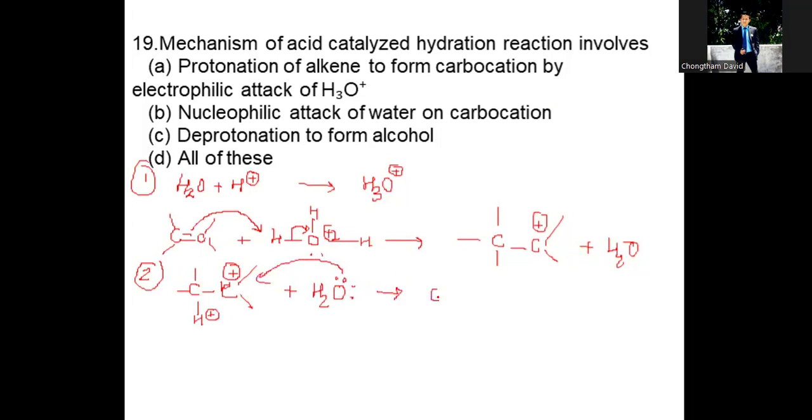It is going to form an intermediate species, O plus. This is not stable, so it can go back. So let me rewrite this structure, with the plus charge.